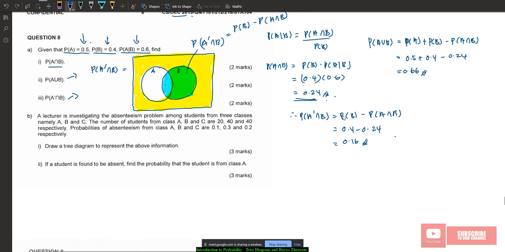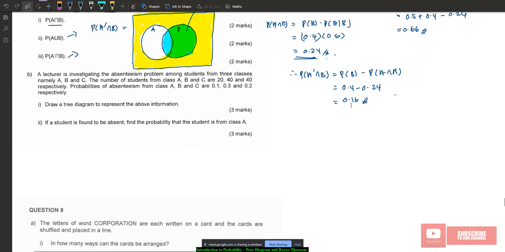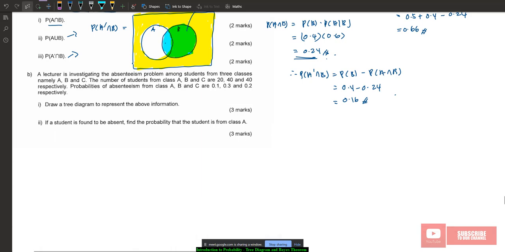Now let's look at the example question from 2016. A lecturer is investigating the absenteeism problem among students from 3 classes named A, B, and C. The numbers of students in classes A, B, and C are 20, 40, and 40 respectively.